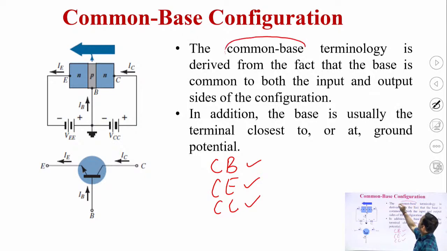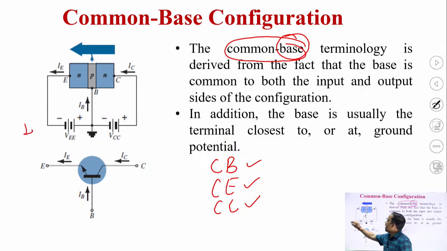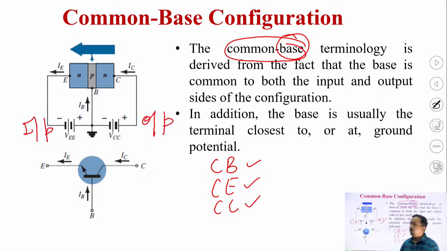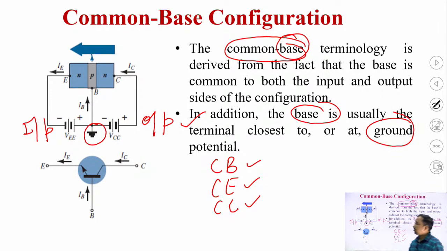So what is common here? Common here stands for that particular terminal being common to both the input side as well as the output side. Or a second definition is that common corresponds to the ground. Here we can see that the base terminal is grounded. Also we can say that the base terminal is common to both the input side and the output side.